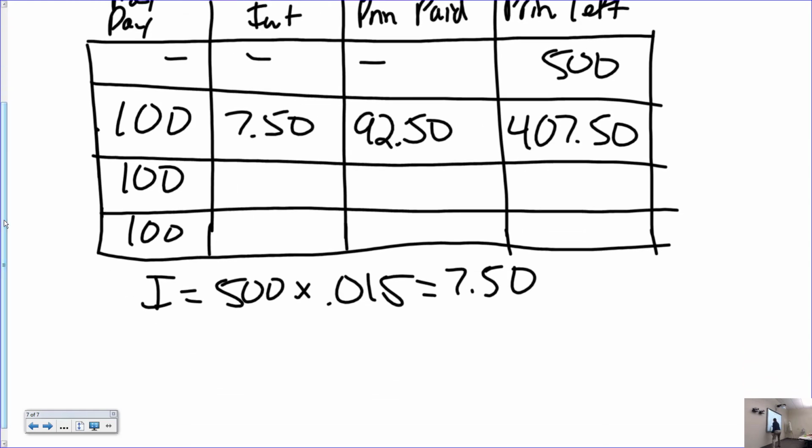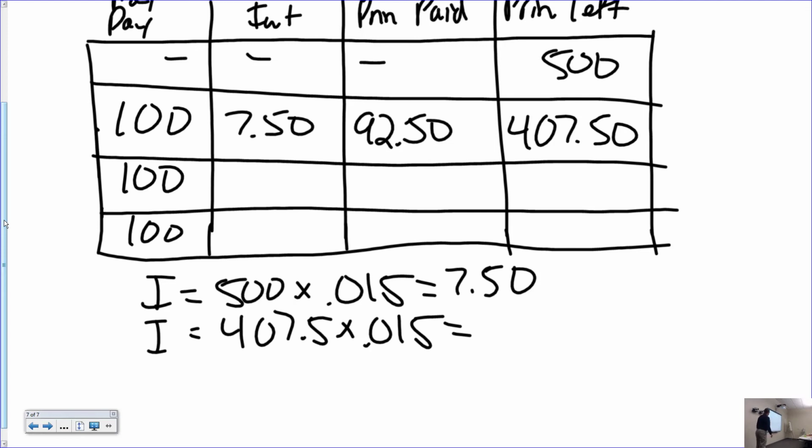So the next month you do the same thing. What's 407.50 times 0.015? $6.11. So we have to pay $6.11 in interest. $93.89.